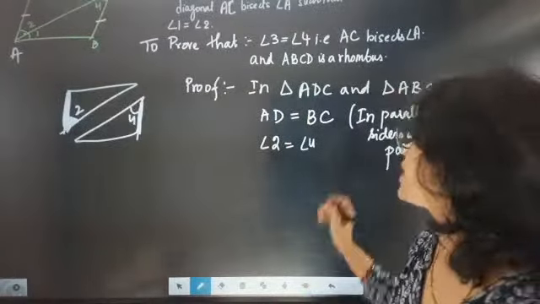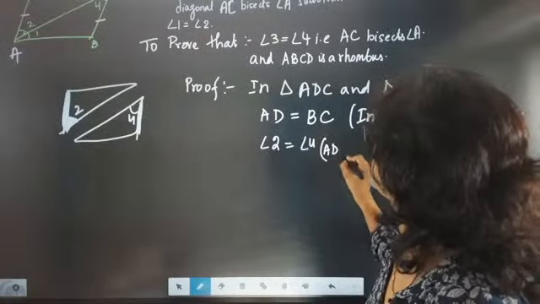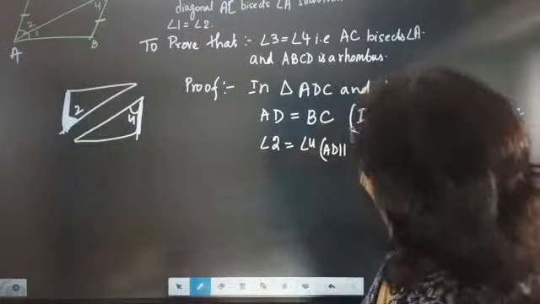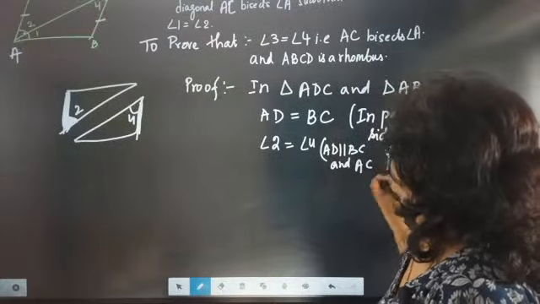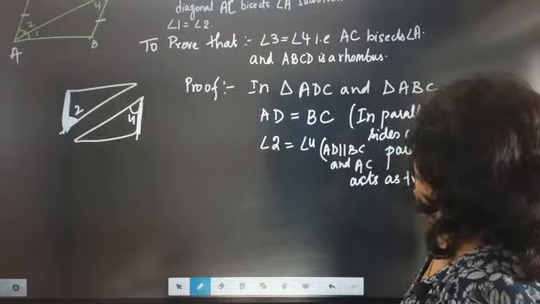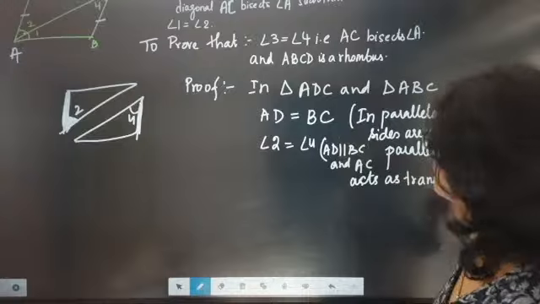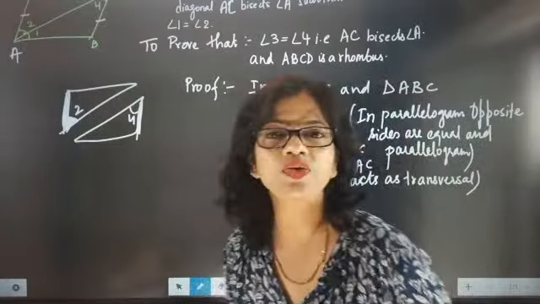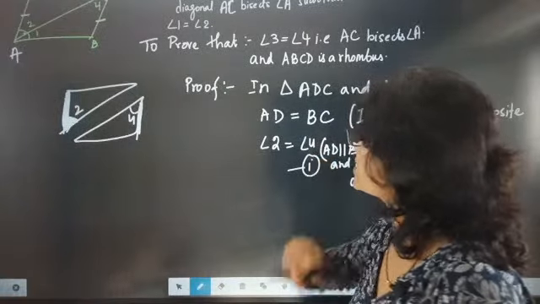Angle 2 is equal to angle 4 because AD is parallel to BC and AC acts as transversal. So angle 2 is equal to angle 4. I'm going to take this as equation 1.